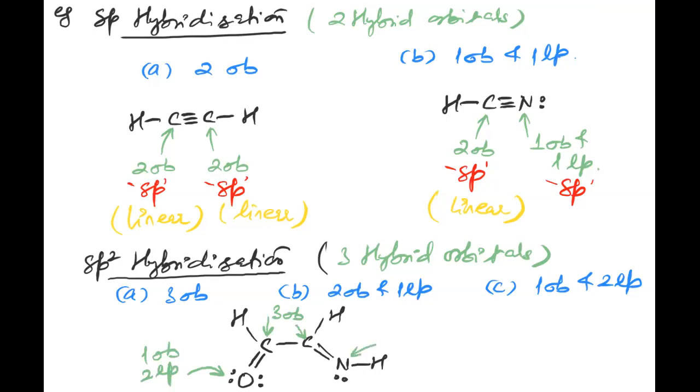And this nitrogen has 2 sigma bond and 1 lone pair of electron. So we have 3 sigma bond, 1 sigma bond with 2 lone pair, and 2 sigma bond with 1 lone pair of electron, such that every carbon, oxygen, and nitrogen is found to be sp2 hybridized here.